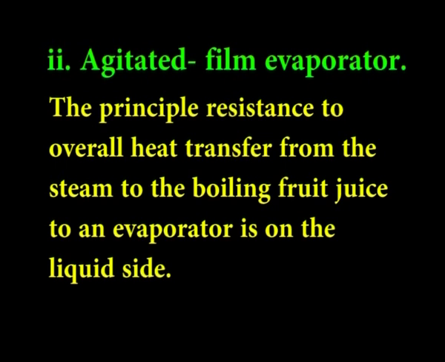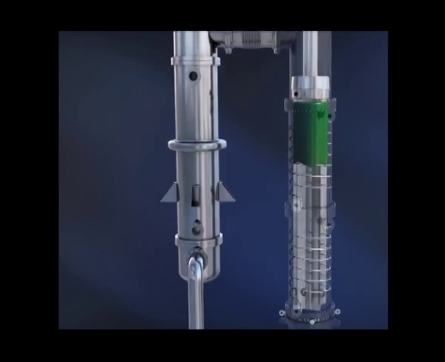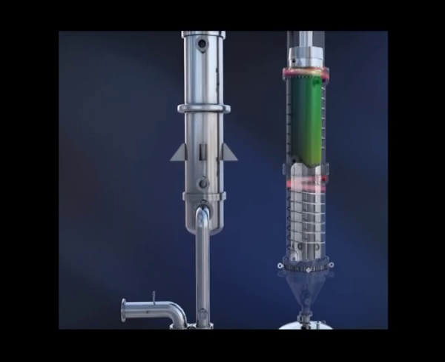The principal resistance to overall heat transfer from the steam to the boiling liquid or juice in an evaporator lies on the liquid side. One way of reducing this resistance, especially with viscous liquids, is by mechanical agitation of the liquid film, as shown in the figure.